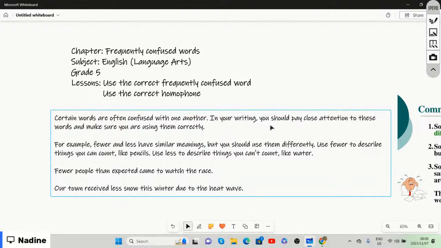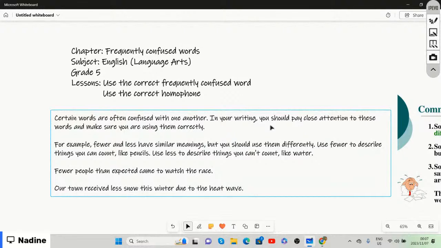During the course of this lesson, we are going to find out a few of the more common words that we write in a sentence, but it is actually the wrong word.